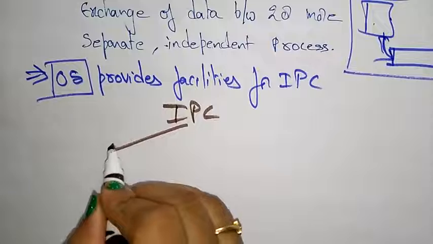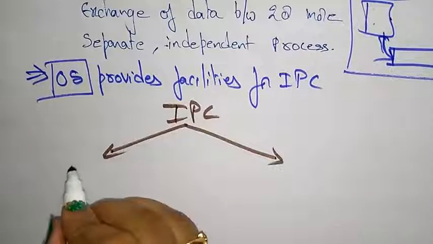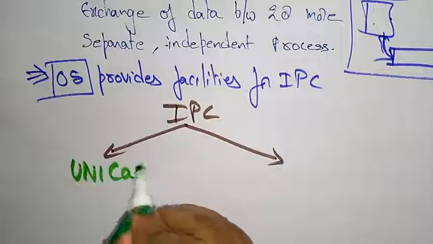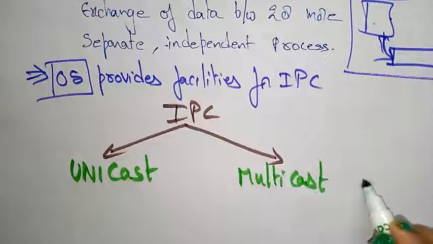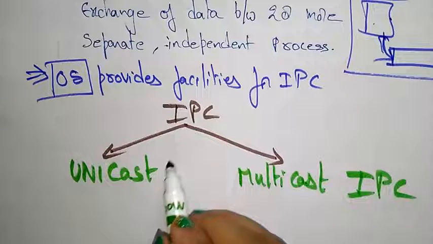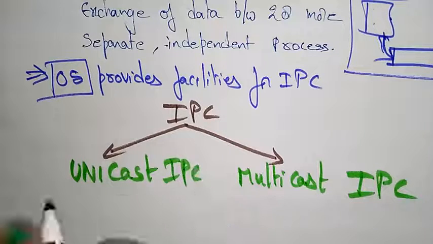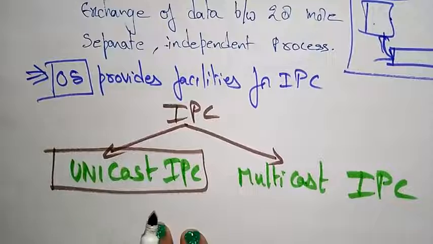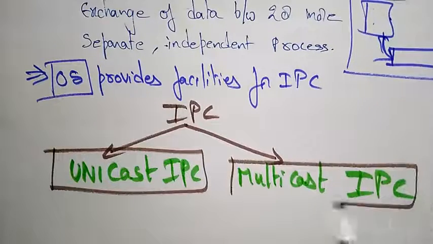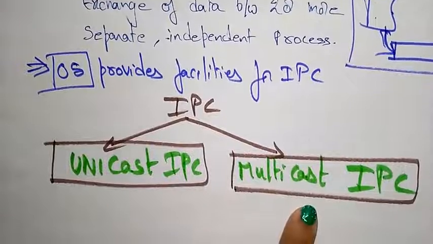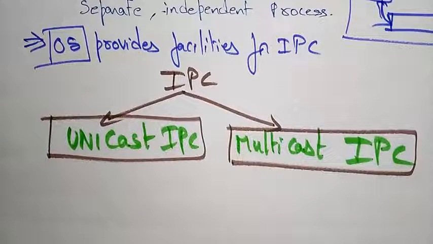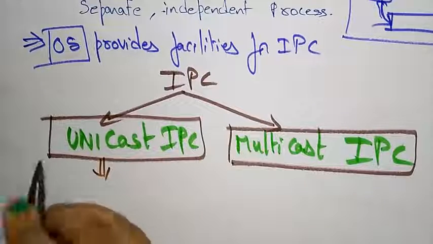Inter-process communication may act as a unicast, or it may act as a multicast. So what is a unicast inter-process communication and what is a multicast inter-process communication? Unicast means a communication from one process to a single other process. That you call a unicast.